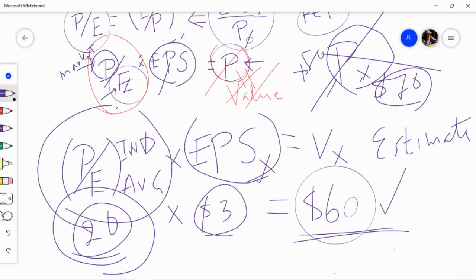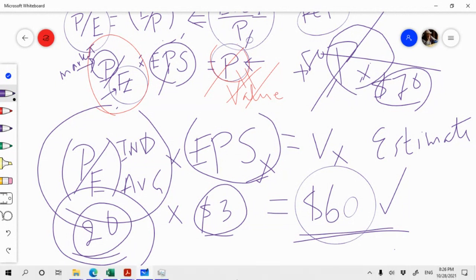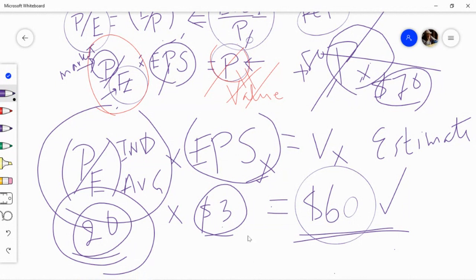So through the lens of this industry, since the industry average price earnings ratio is 20, if the earnings per share of this company is 3, wouldn't it be reasonable to expect $60 for price? That's the rationale behind it.